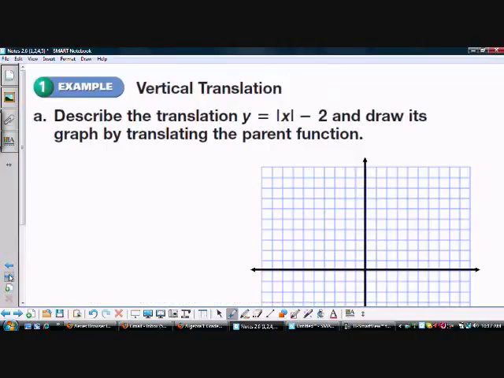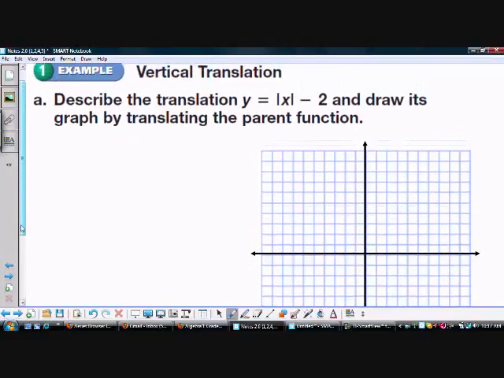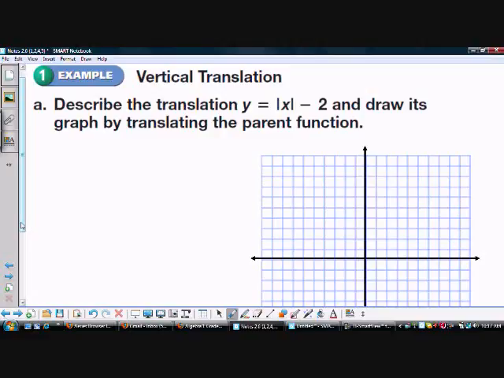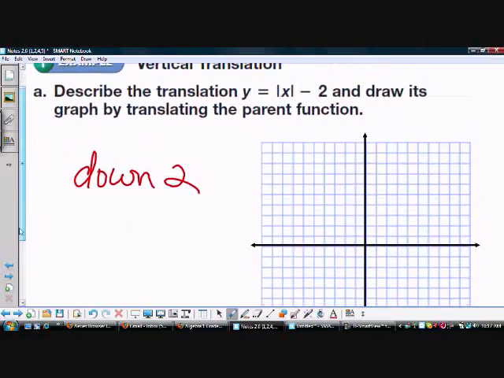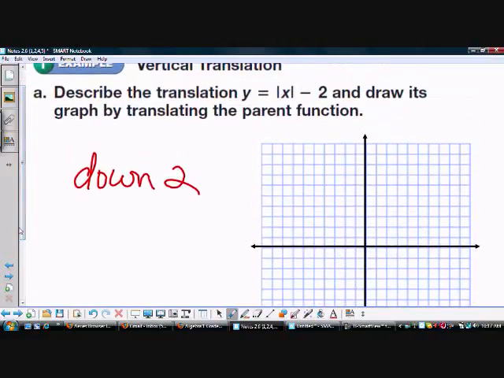Yes. Good enough. Okay. Y equals absolute value of x minus 2. What does that do to the original absolute value of x graph? That is a down 2 translation. So what does that one look like? Well, that is the absolute value of x minus nothing, minus 2.